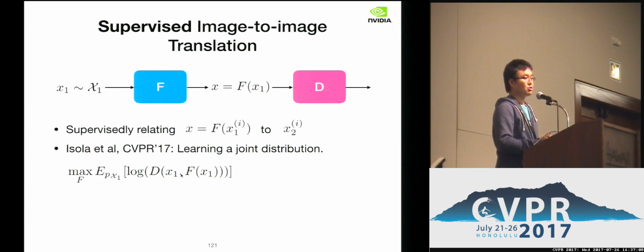For those coming from the true distribution, it's just a pair of data from the training data sets. And for those from the synthesized distribution, you take one from the input and the converted result, and present them as a pair. So through this adversarial training, at the end you will be able to differentiate a true pair of real images from a fake pair, and this way you can learn the translation.